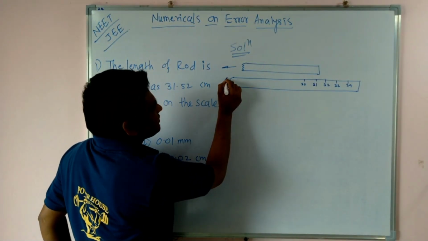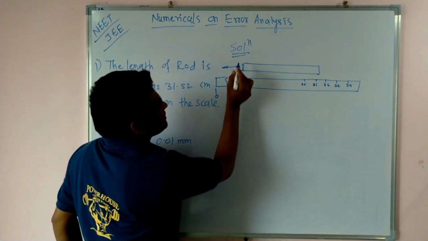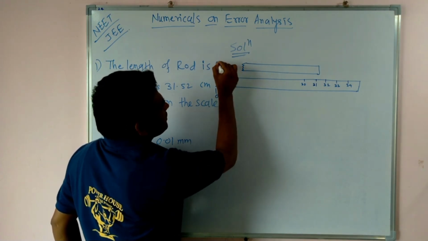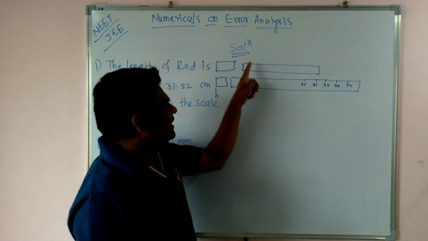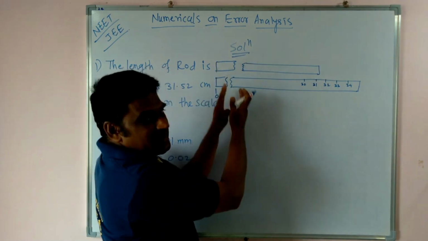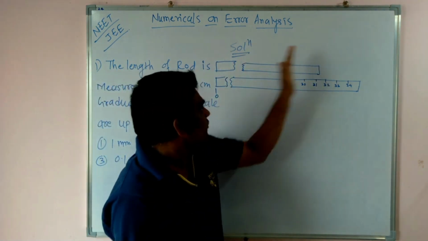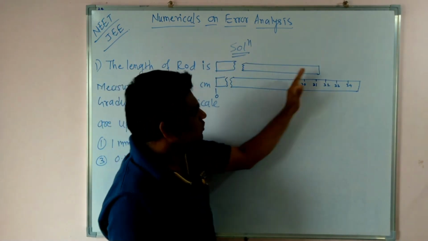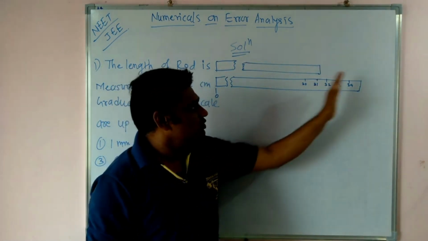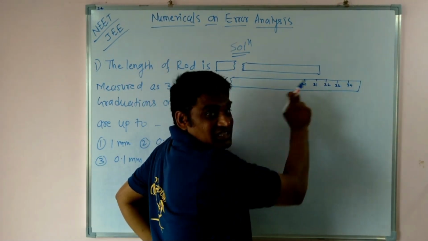Here this is the 0 reading, and this is your rod up to this. It is a continuous rod. This break I have shown because in between I don't have space. So from this point to this point there is a complete rod. Here I want to measure it by using this scale.